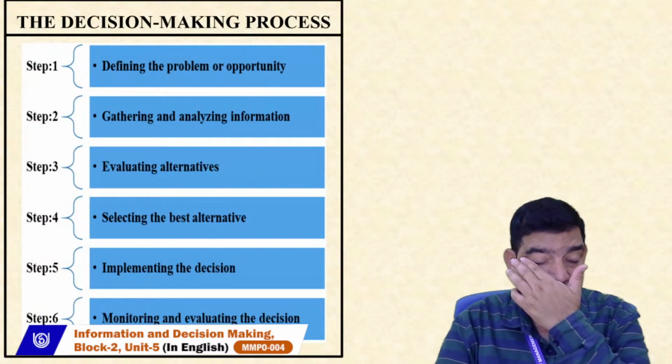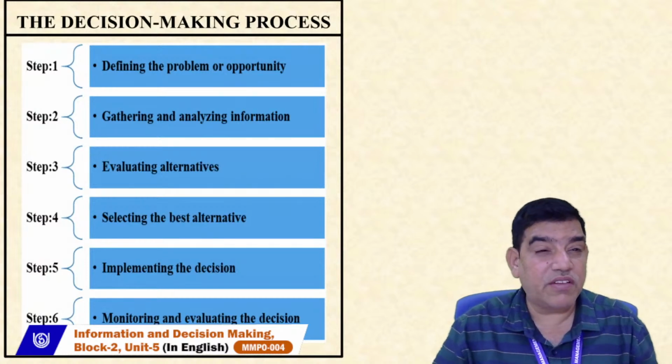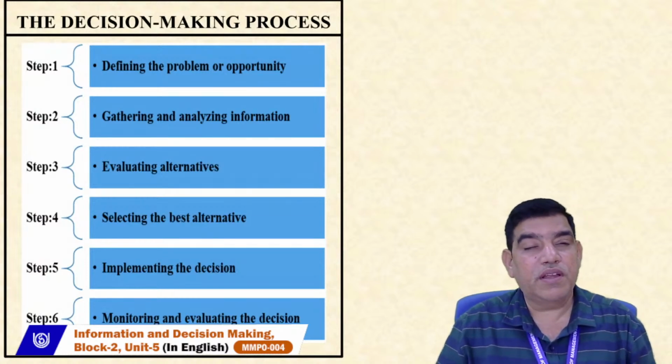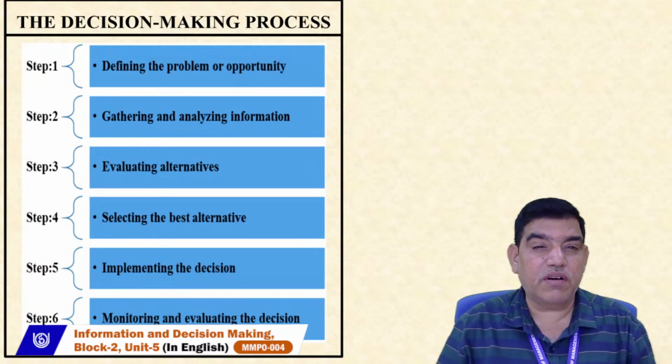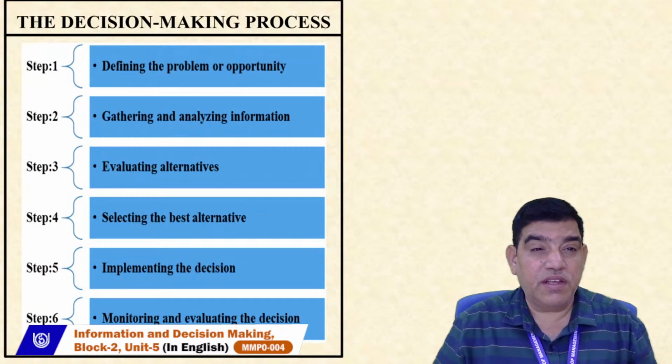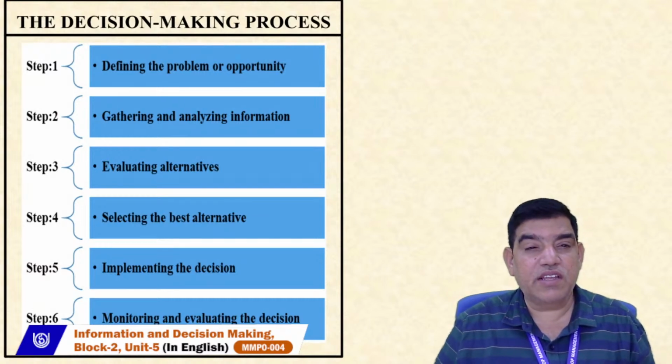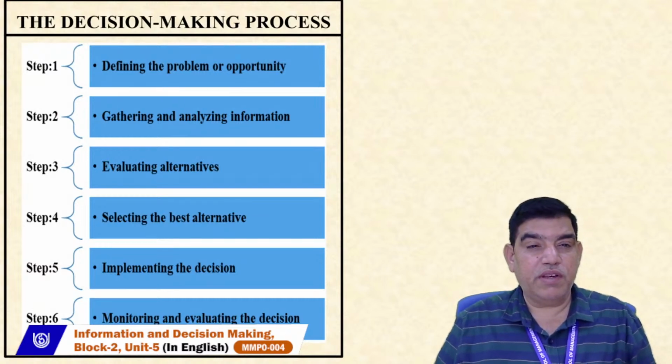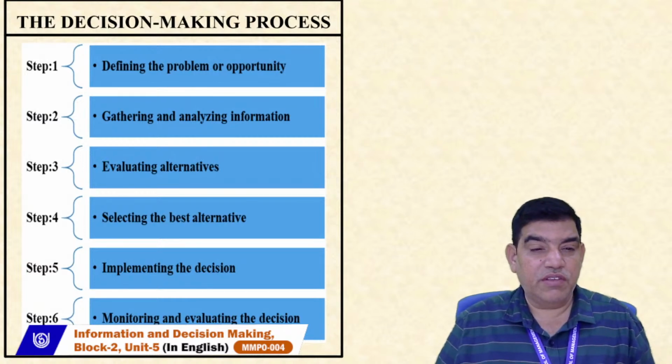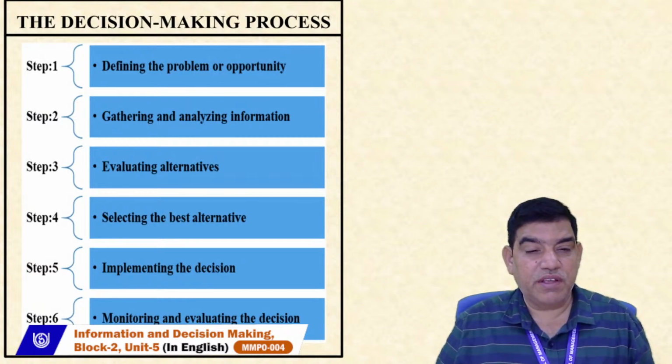And there are six steps, and the steps are defining the problem and or opportunities, gathering and analyzing information, evaluating alternatives, selecting the best alternative, implementing the decision, and monitoring and evaluating the decision.